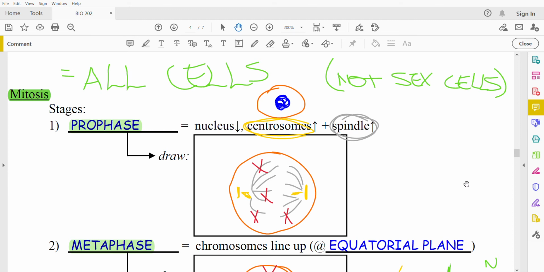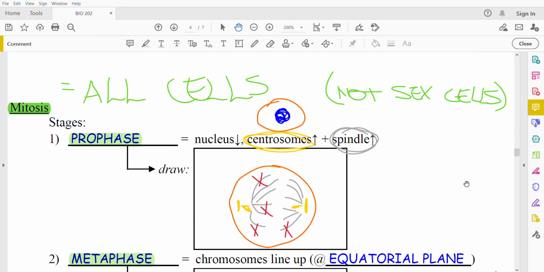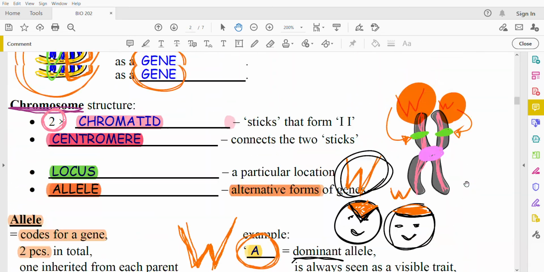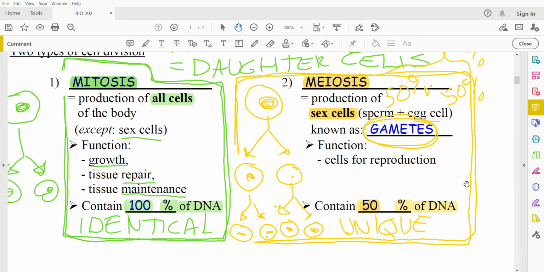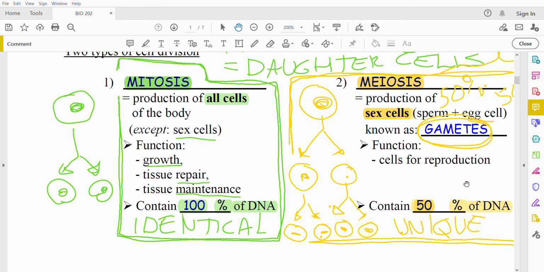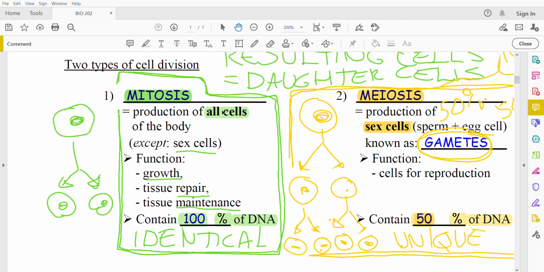So I hope that clarified the process of mitosis. And just to remind ourselves, we're seeing all of these things that we talked about earlier on. Mitosis produces all of the cells in the body with the exception of the sex cells.